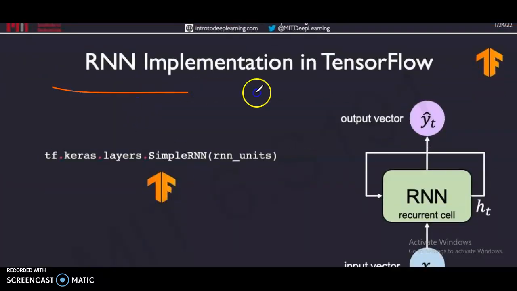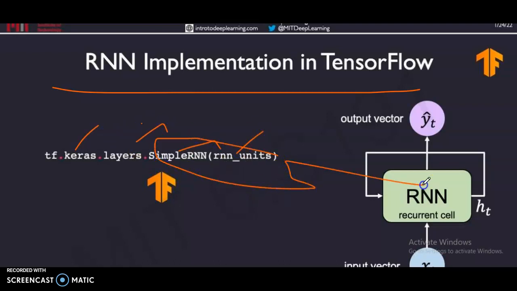RNN implementation in TensorFlow. In TensorFlow, tf.keras library, hidden layers, SimpleRNN with RNN units.